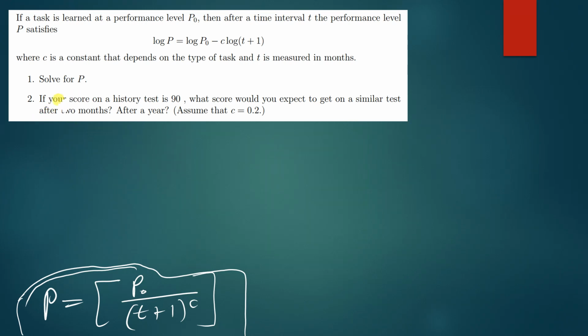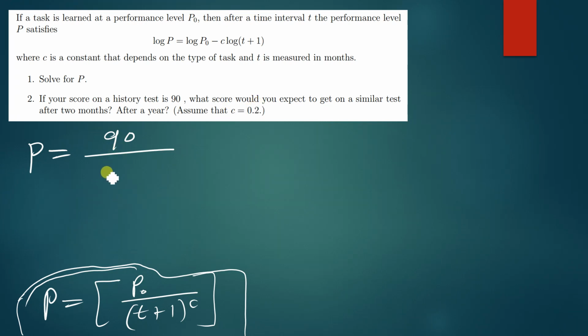So if your score on a history test is 90, what would you expect to get on a similar test after 2 months? So T is 2. So P is equal to, if the initial score, which is the performance level, is 90, then over, the question is saying what score do you expect to get on a similar test after 2 months.